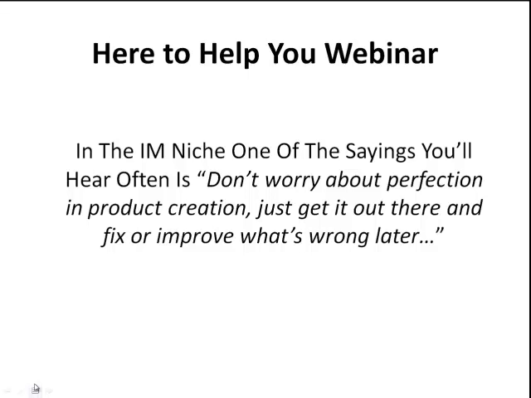A lot of people getting ready to create their first product strive for perfection, and they let that stagnate them on launching, when in reality you're never going to have the product absolutely perfect, and there's always room for improvement. But as long as you allow yourself the means to update a product and fix things as you see they need to be added or fixed, it's perfectly fine to launch a product that's not totally perfect.